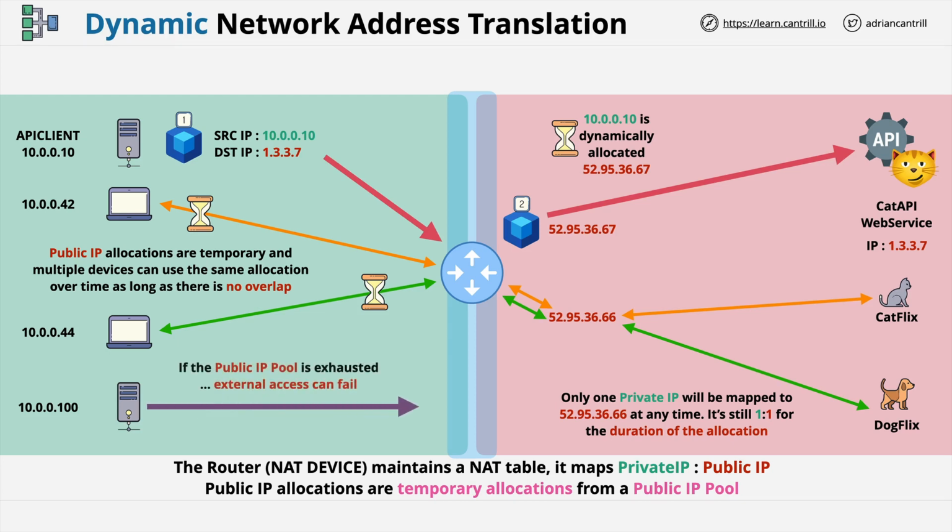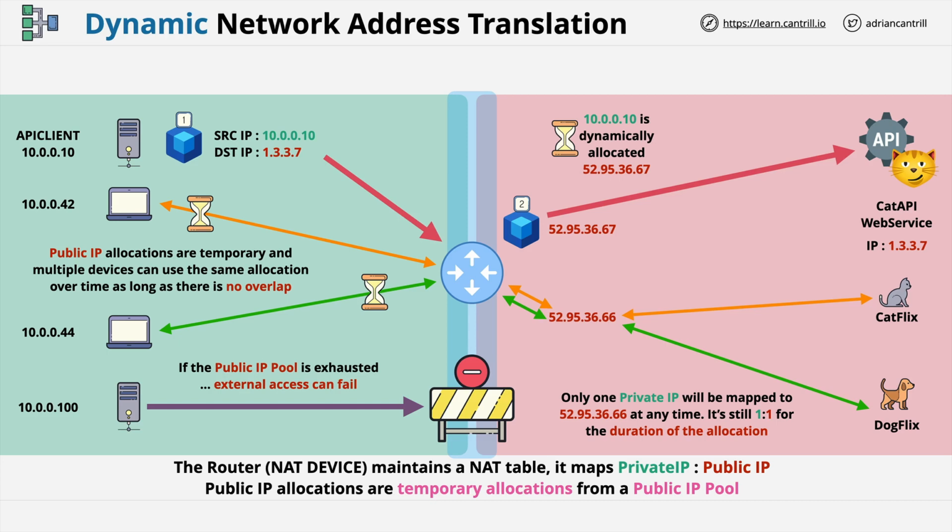If the bottom server attempts to access the public internet when there are no IPs available in the pool to allocate, then this access will fail. Now, this type of NAT is used when you have less public IPs than private ones, but when all of those private devices at some time need public access, which is bidirectional.